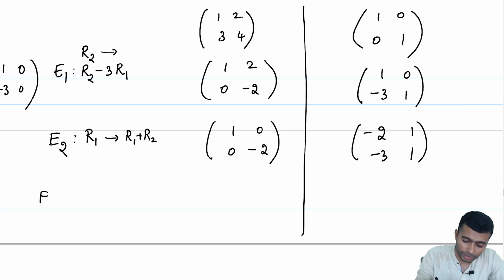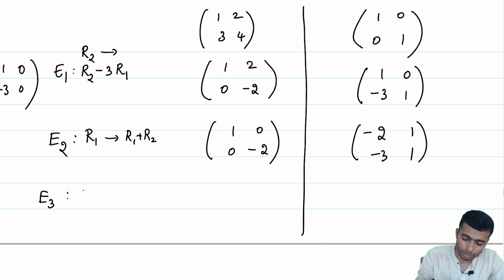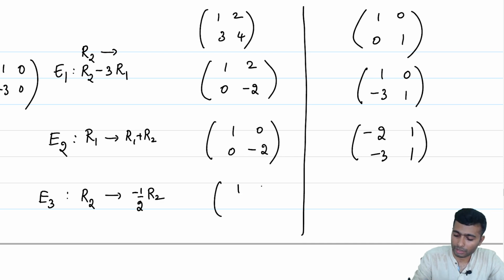Now, E3 will be a type 2 row operation, where we will multiply the second row by minus 1 by 2. So, R2 we will replace by minus 1 by 2 times R2 to get the identity matrix.